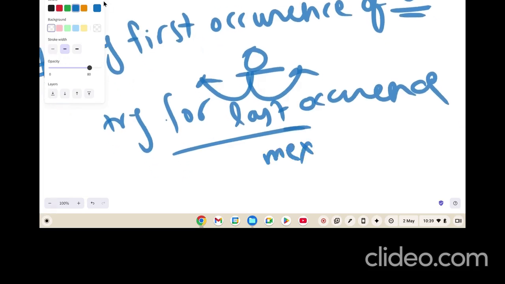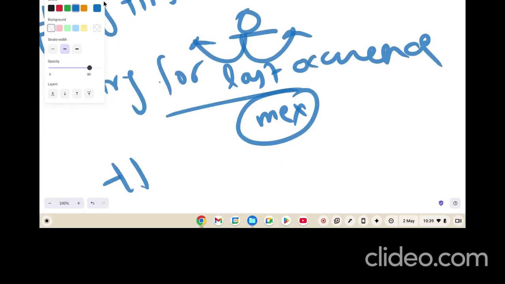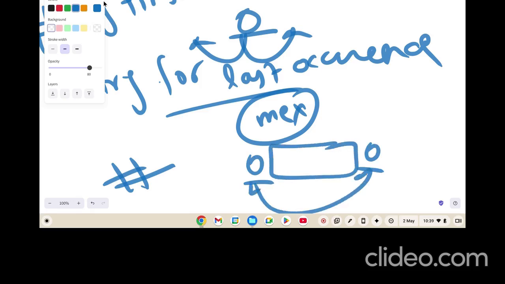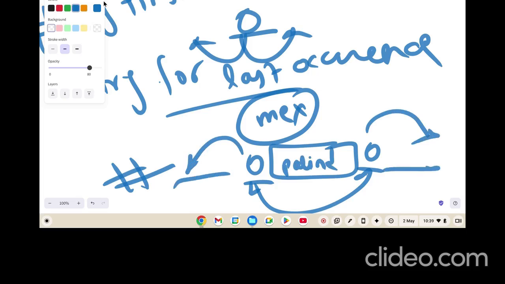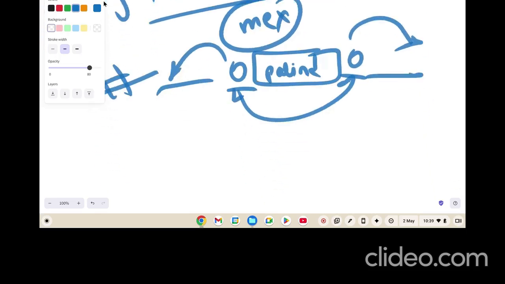I will explain how you will find the max, but till this point I hope you are on the same pace. And for the last test case, you will say, okay, I have this 0, 0. I will take this subarray and try to see if the element inside is a palindrome. If it is a palindrome, I will try expanding on the right side as well as the left side, and see how much maximum length I can get.